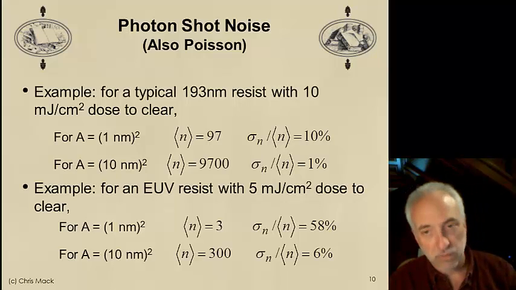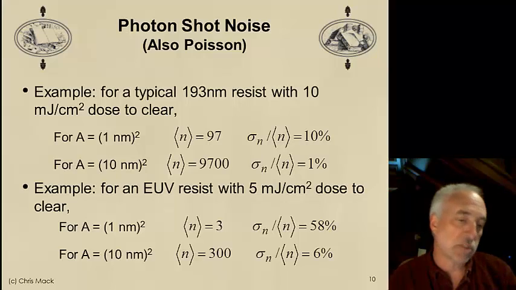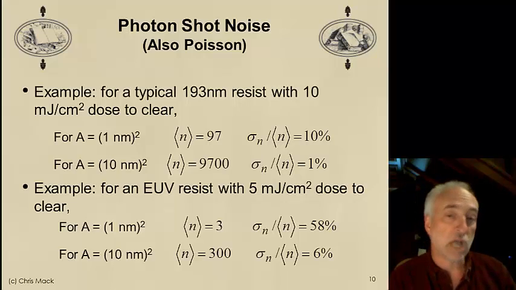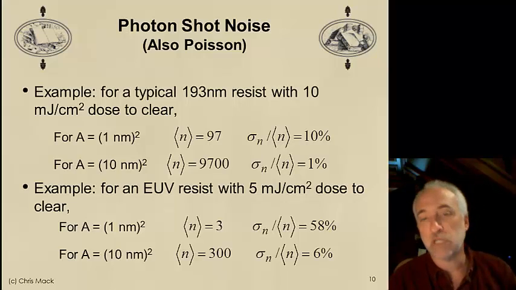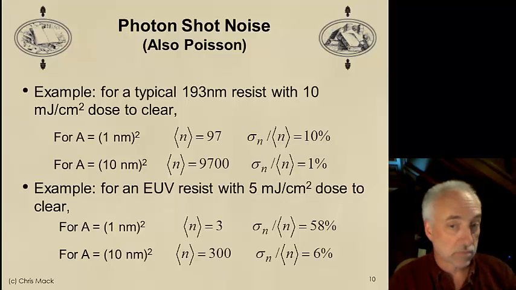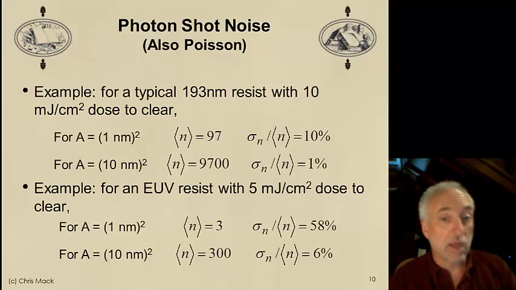EUV photoresists. For EUV photoresists, we're trying to develop resist with a 10 millijoule per square centimeter dose to size, and that means the resist will have something like a 5 millijoule per square centimeter dose to clear. In that case, a 1 nanometer square area only sees 3 photons.